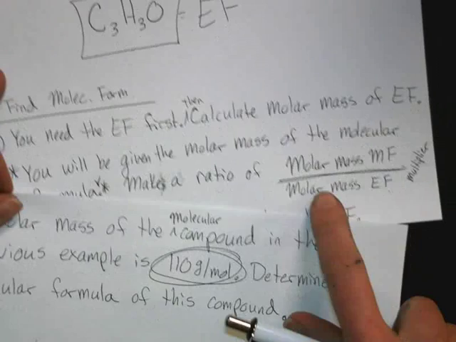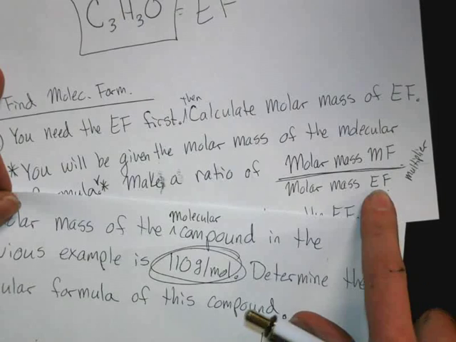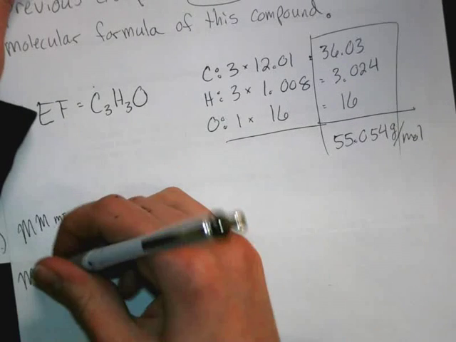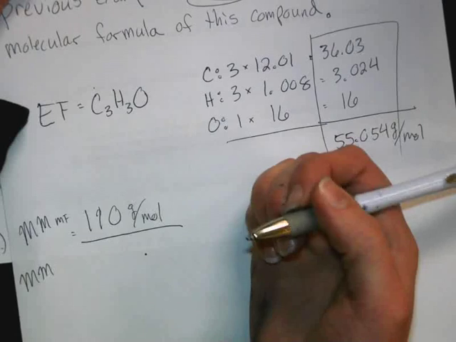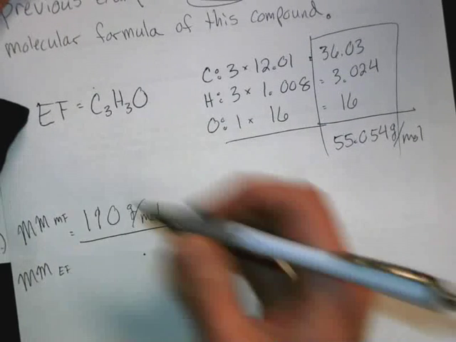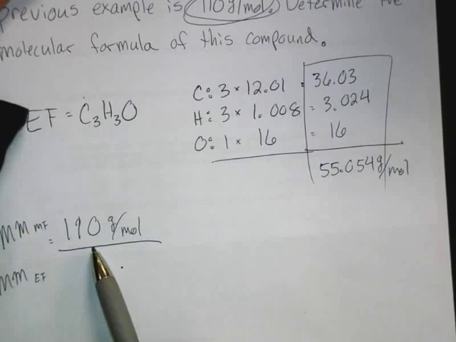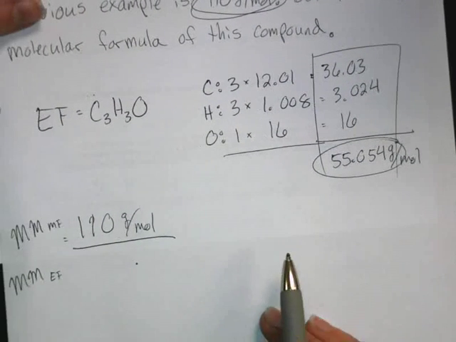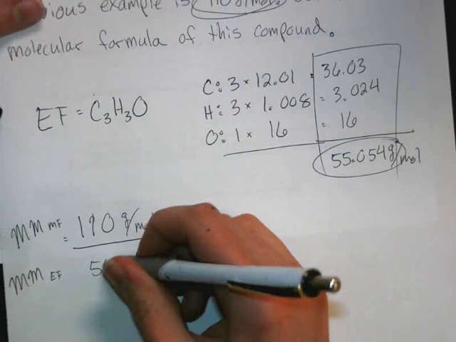Then I divide that by the molar mass of my empirical formula. I'm doing a lot of abbreviations. That's what we just calculated here to be 55.054.